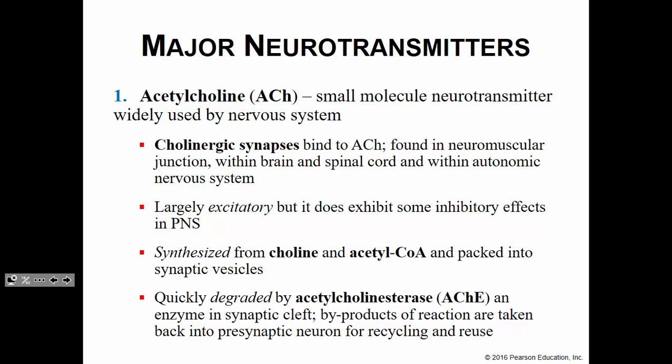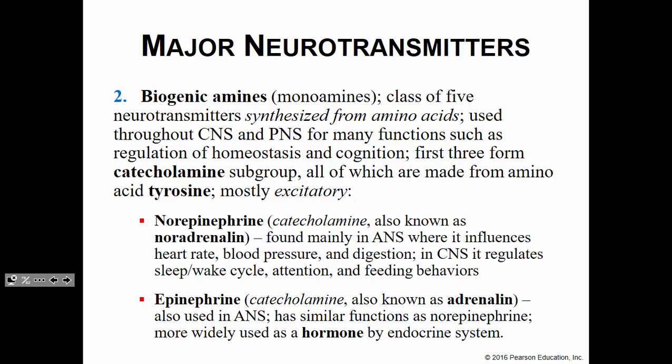The second group are the biogenic amines, and these are a class of 5 neurotransmitters that are made from amino acids, and they're used extensively throughout the central nervous system and the peripheral nervous system. They regulate homeostasis and cognition.